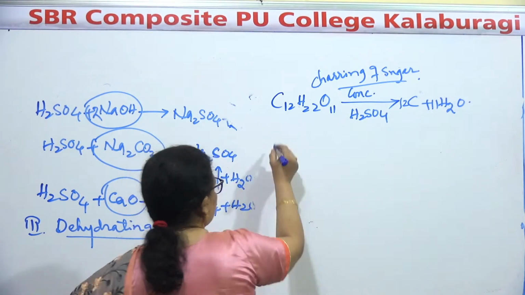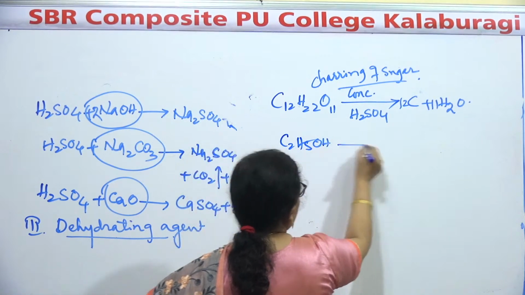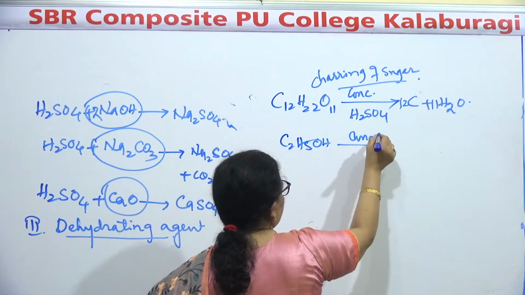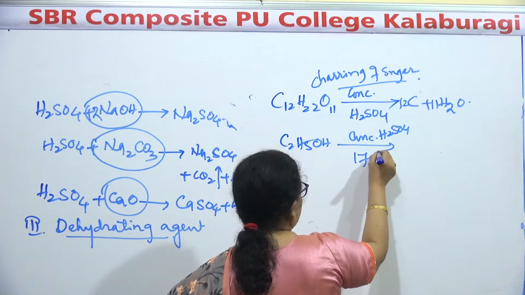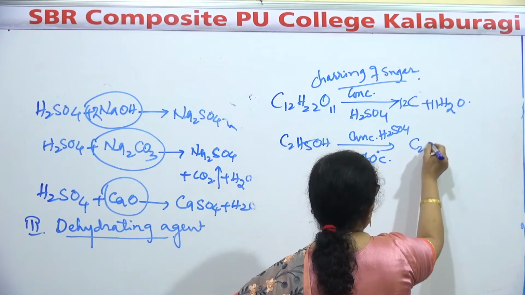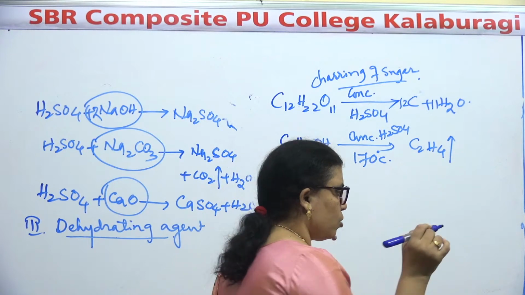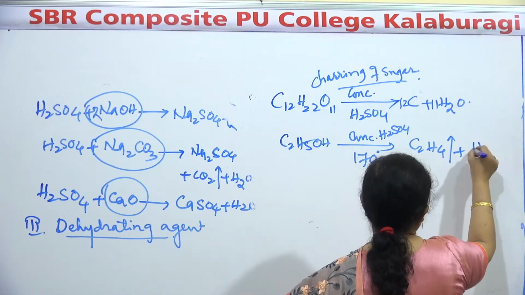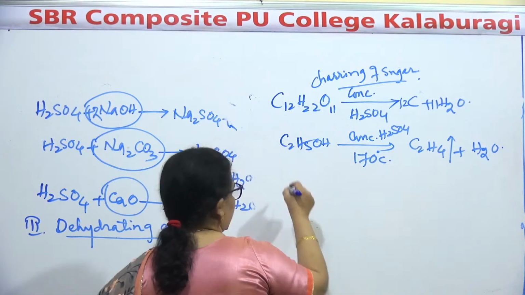In the same way, when ethyl alcohol is heated with concentrated sulfuric acid at about 170 degrees Celsius, it will produce water and ethene. A colorless gas is liberated along with the water.